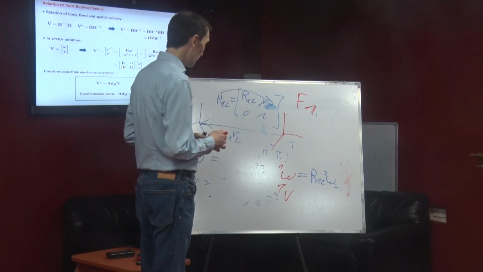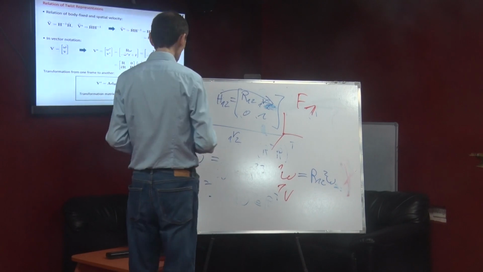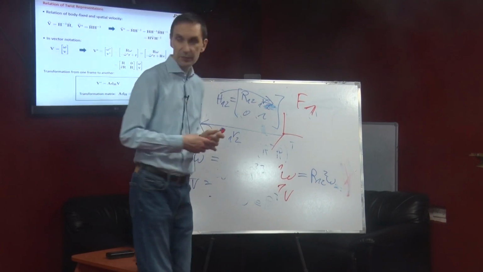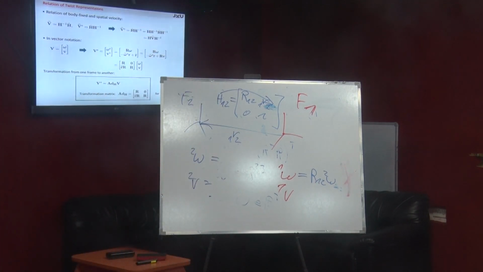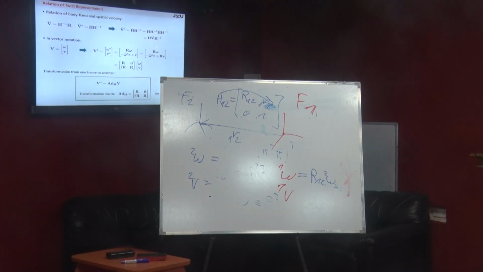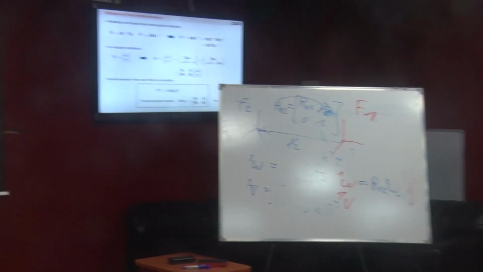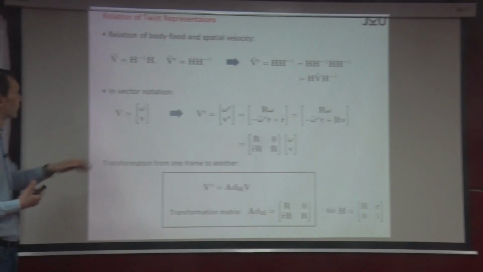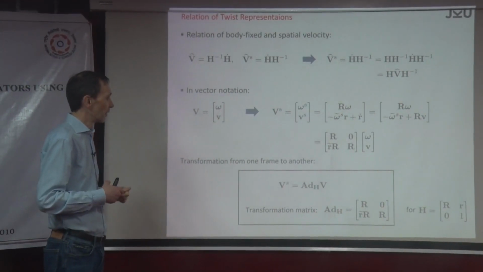And if you plug this into a matrix, then you get exactly this, because this part is just saying this is the distance vector cross omega. So it's essentially the same. So what I'm saying is that you could have derived this without all this kind of twists and so on.